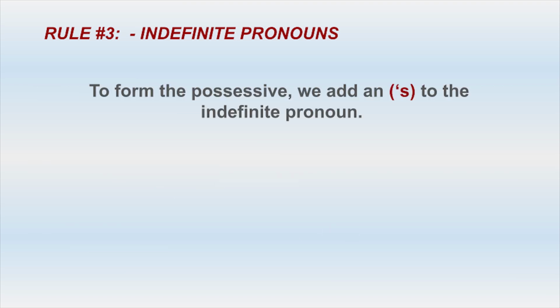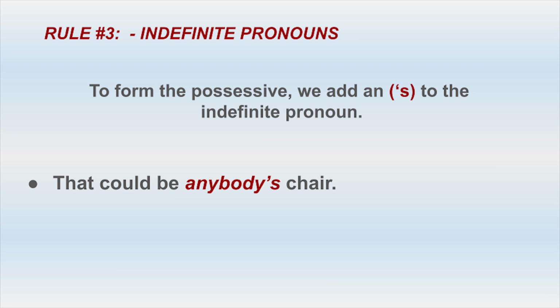Rule number 3. To form the possessive of an indefinite pronoun, we add an apostrophe s. That could be anybody's chair. If we knew whose chair that was, we would have said that could be Tom's chair. But because we do not know, we say anybody's.